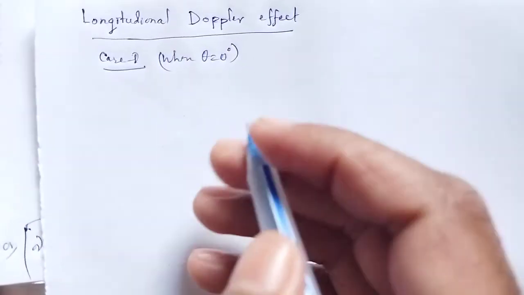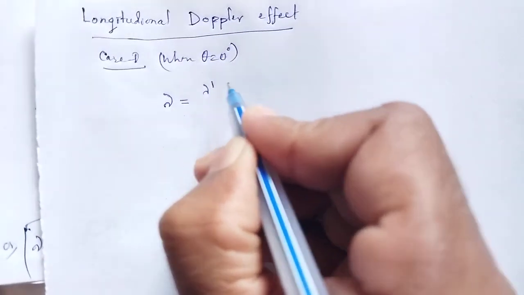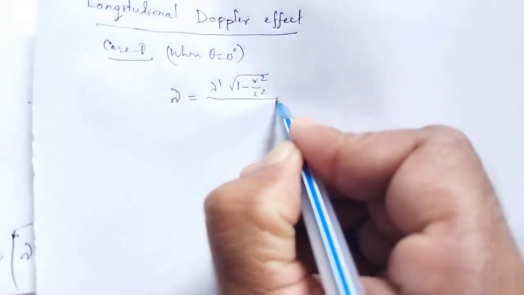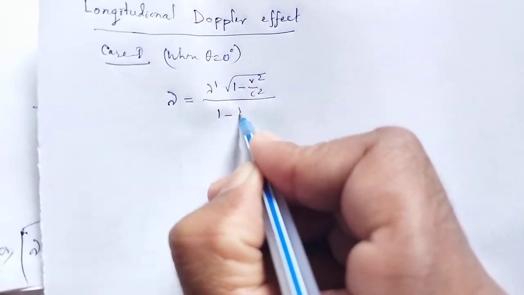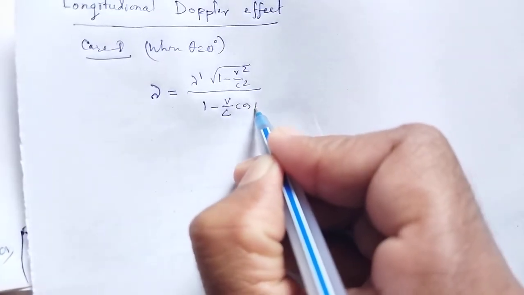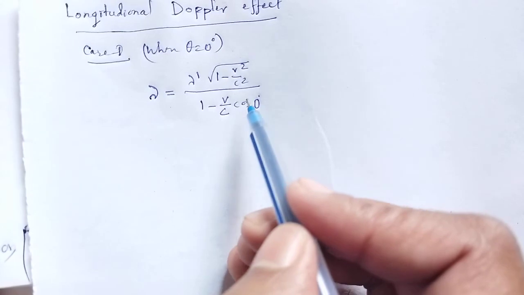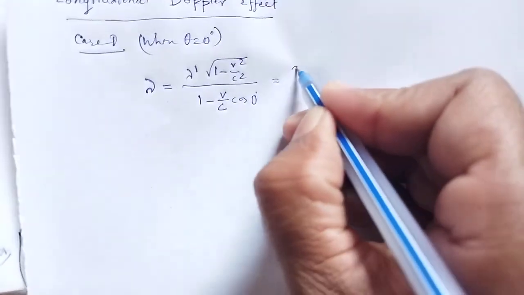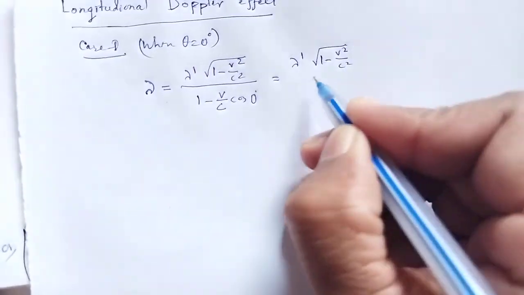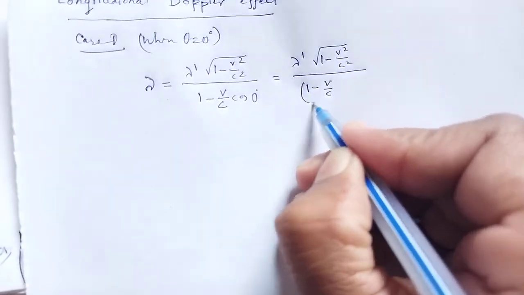Therefore, the frequency nu is equal to nu dash square root of 1 minus v square by c square, divided by 1 minus v by c cos 0, which is equal to 1. That is, nu dash square root of 1 minus v square by c square divided by 1 minus v by c.